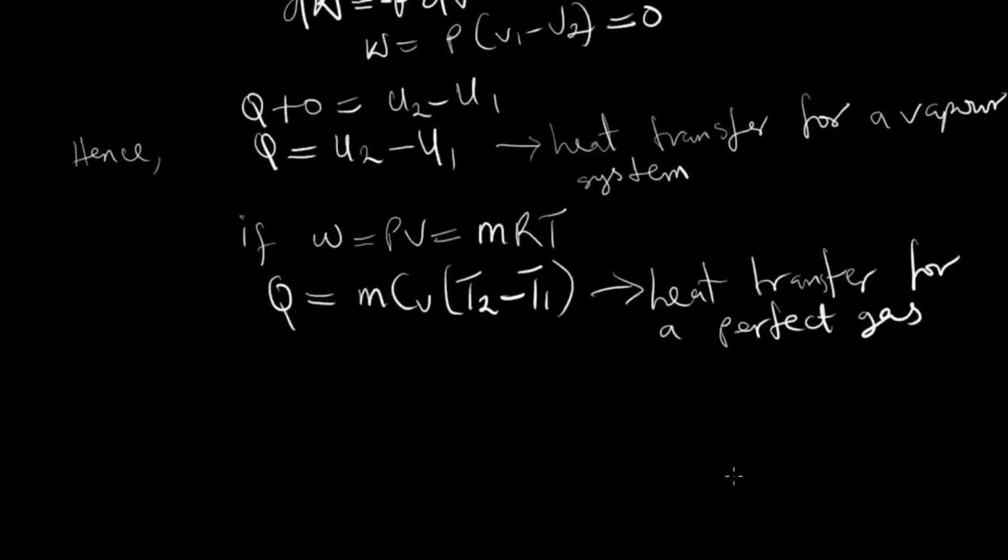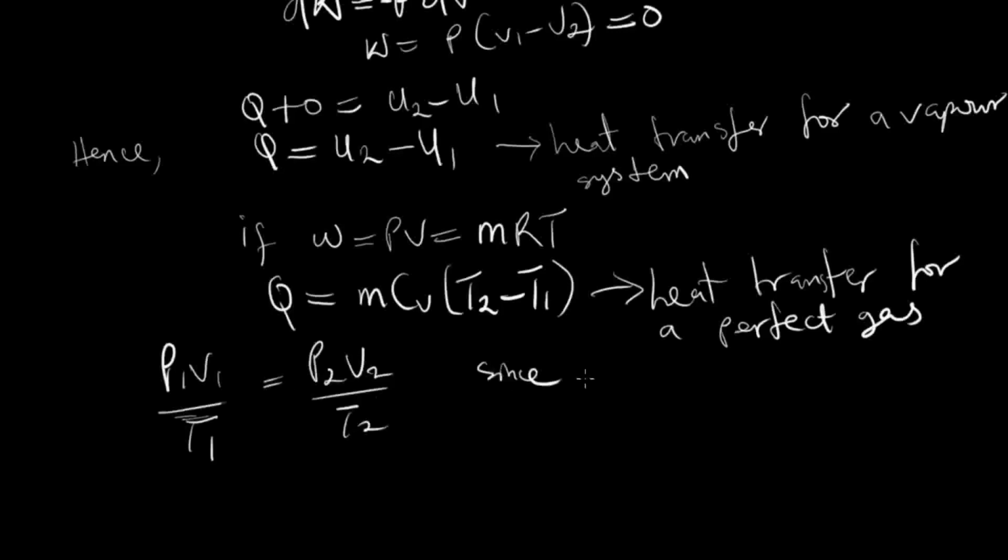Having said this, from the ideal gas equation, P1 V1 over T1 is equal to P2 V2 over T2.